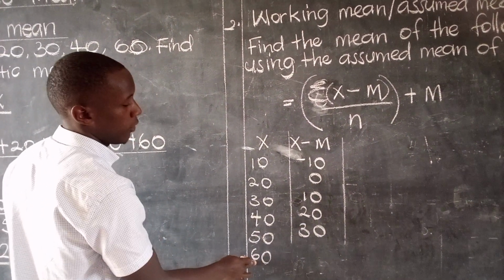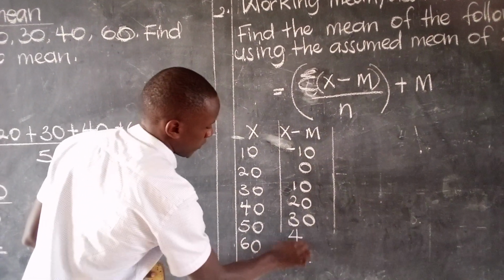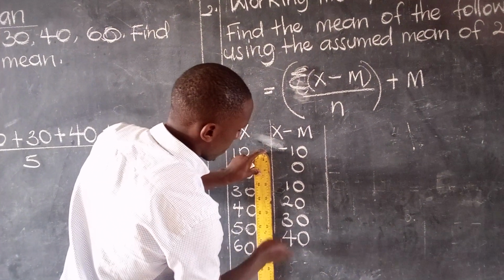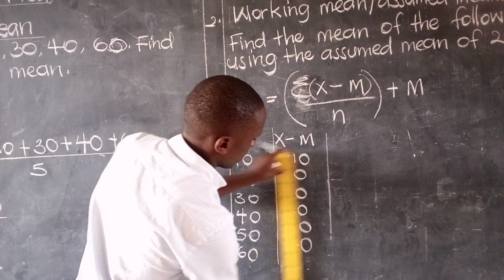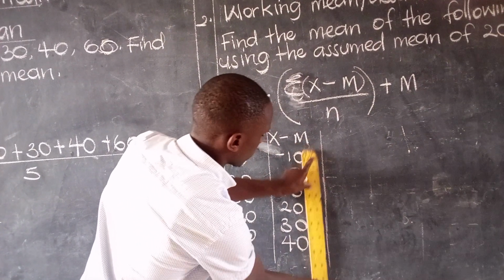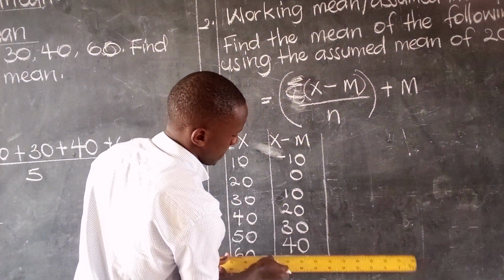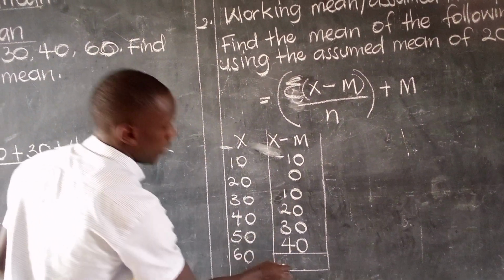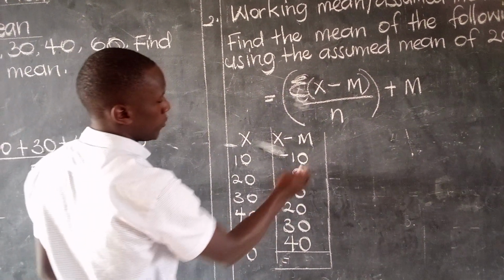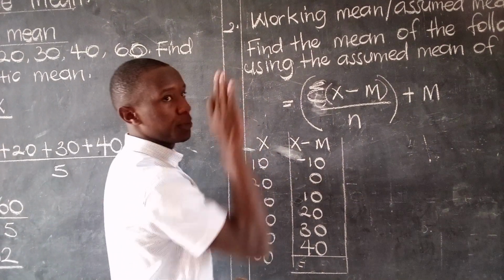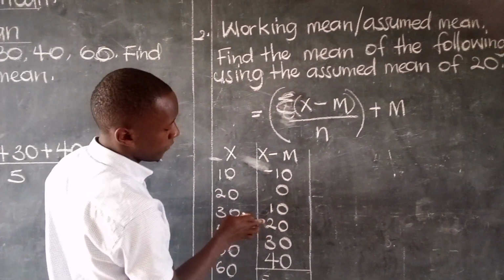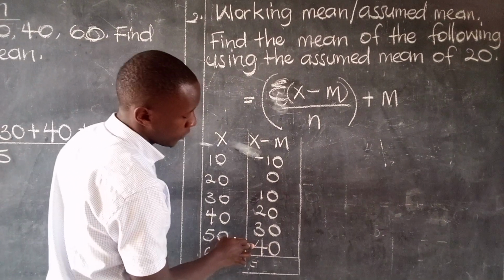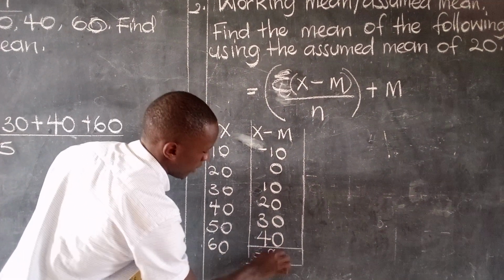And 60 take away 20, we get 40. And we find the summation here. So negative 10 with this 10 will be equal to 0. So we have 20 plus 30, that is 50. Then plus 40, that is 90.